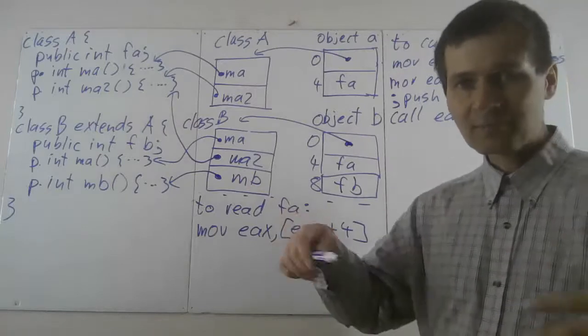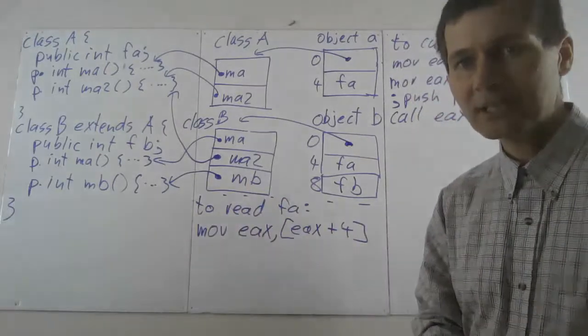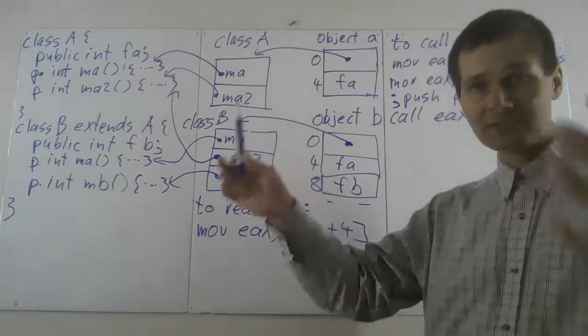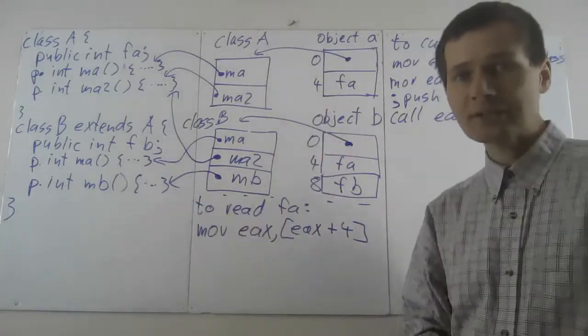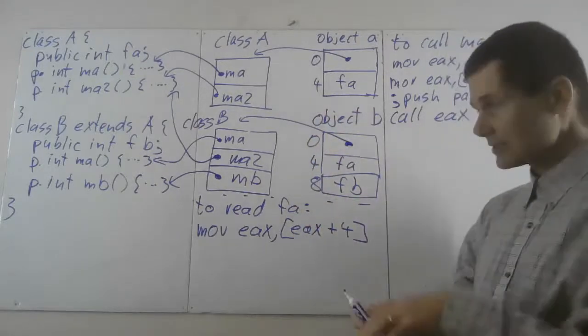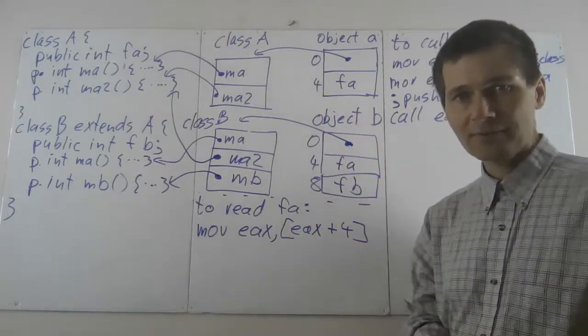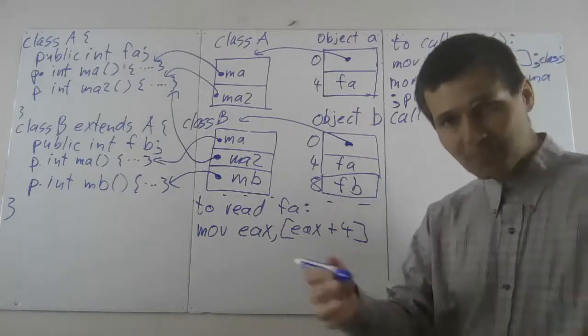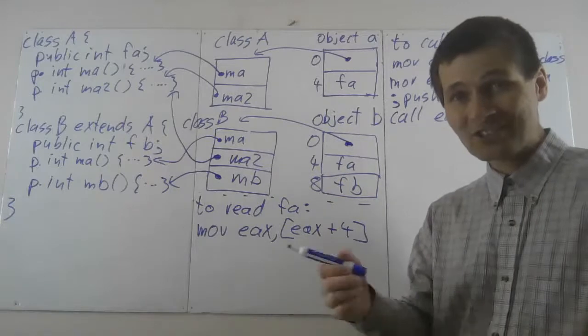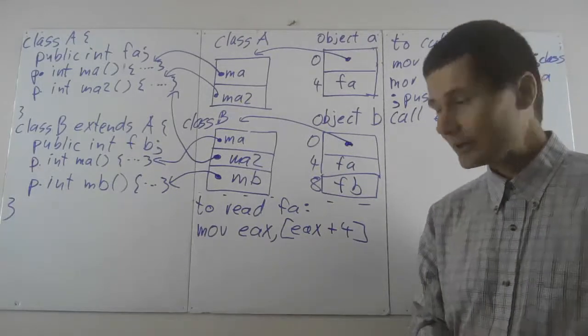So the private aspect of the field is enforced within the type checker, in earlier stages of the compiler. But at runtime, the object has to have space for that private field, and that space does need to be at a consistent offset.